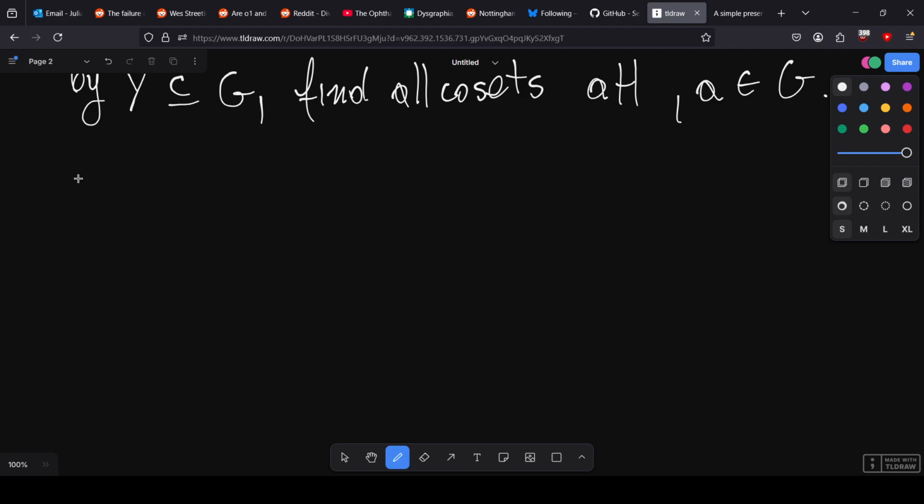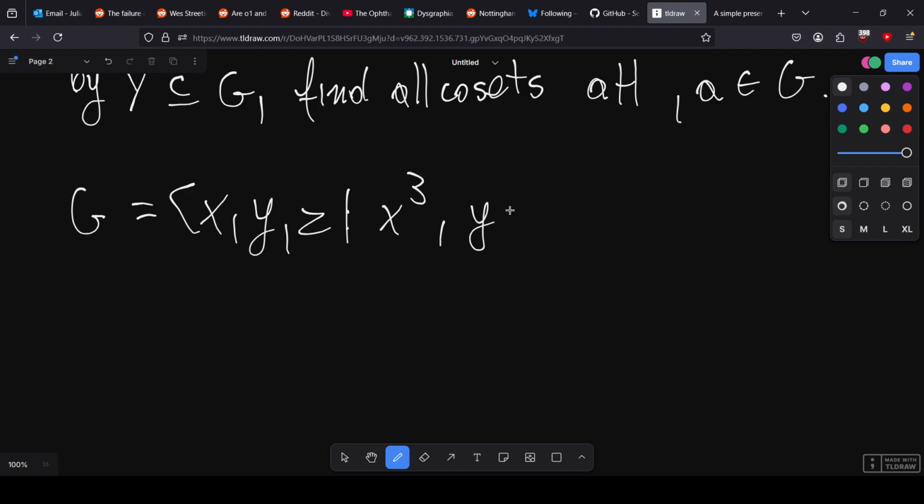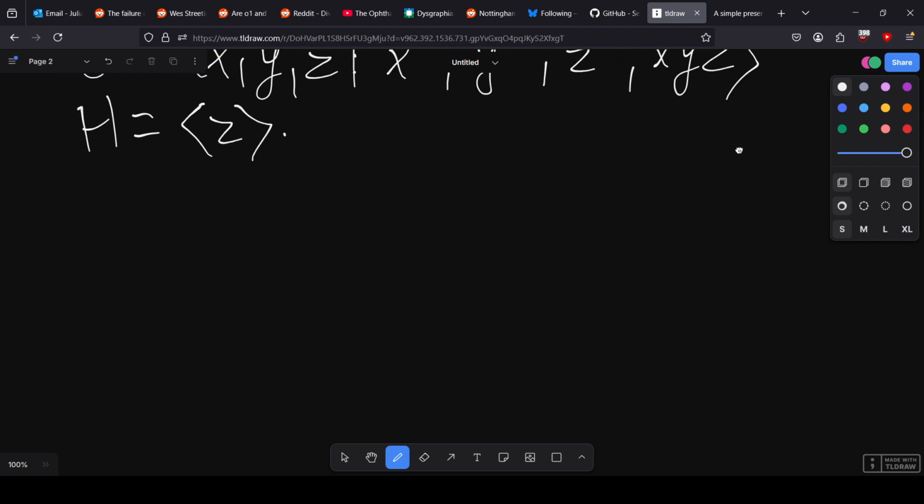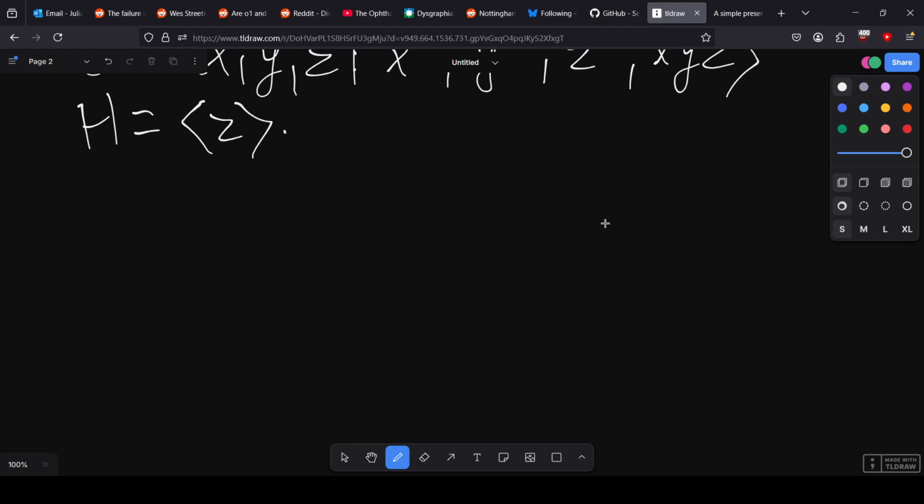An explicit example given by the book that I will be using a lot is the following. X, Y, Z as generators, relations x cubed equals 1, y squared equals 1, z squared equals 1, and xyz being equal to 1, with our subgroup being generated by z. So, the general idea of the algorithm is as follows.